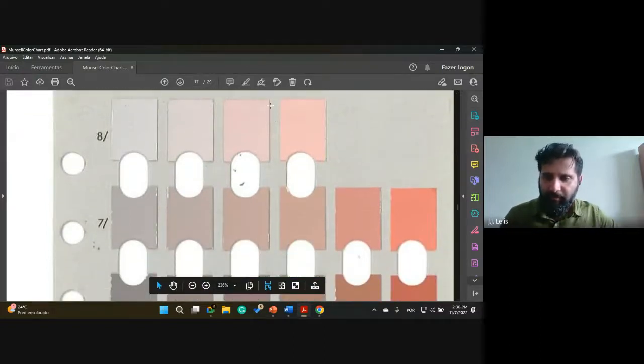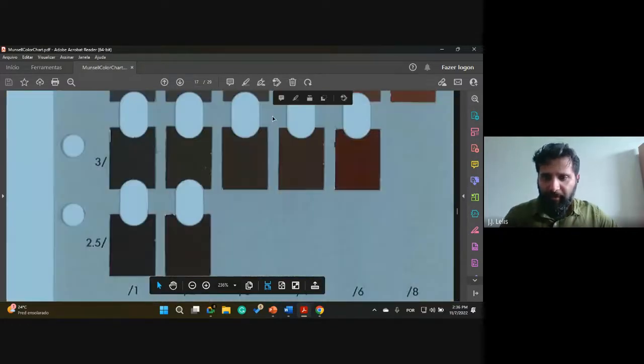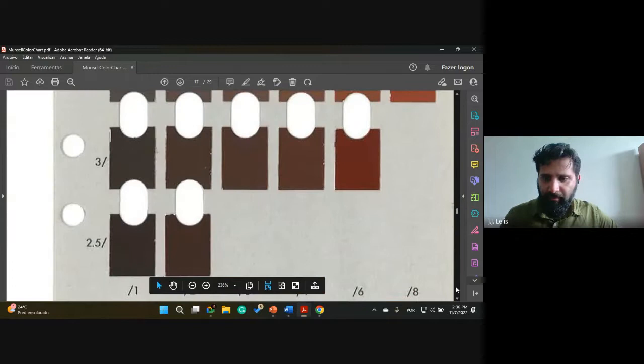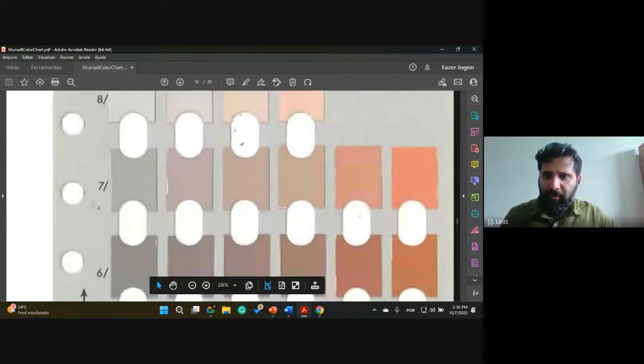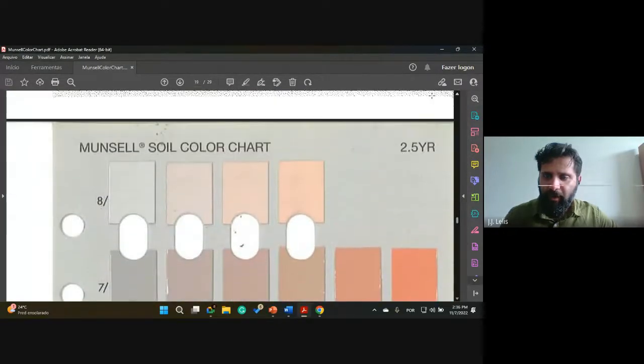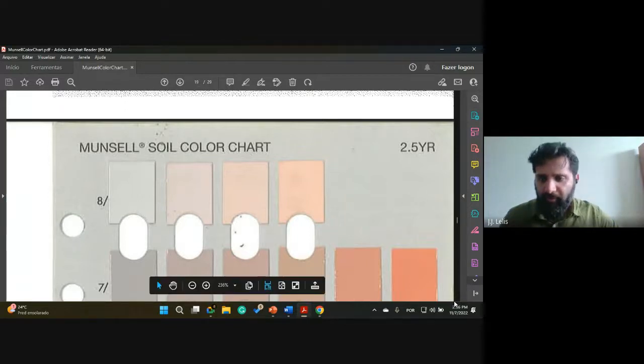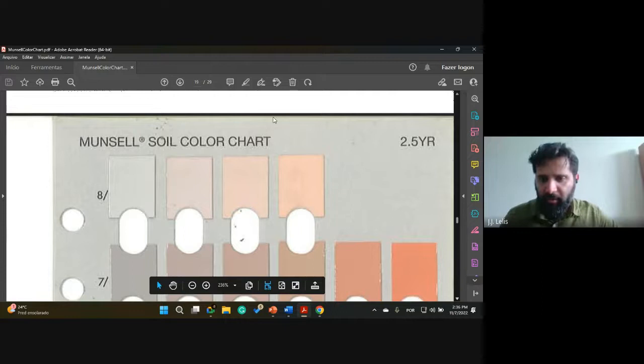And 10R is a lot of red. And we have here 2.5 YR. So we have a lot of red colors.